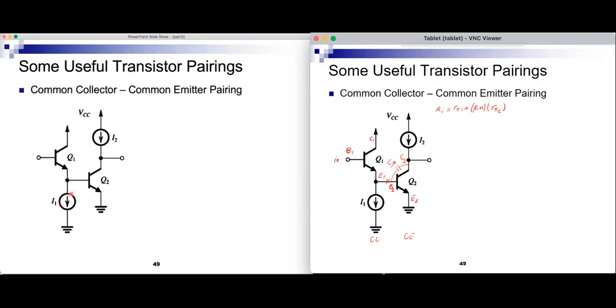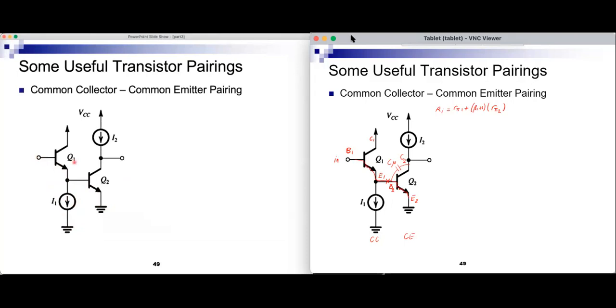This is an open circuit for a small signal, for AC analysis. But I'll find what is connected here. What is between the emitter of Q1 and ground is what's between the base of Q2 and ground. And what's between the base of Q2 and ground? R pi 2. So what do I see at the end here? R pi 1 plus beta plus 1 times R pi 2.